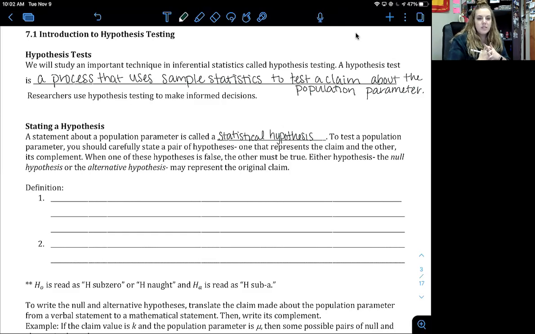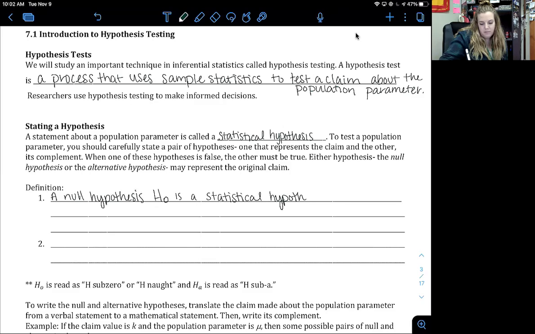So getting a definition of both of these hypotheses, the first one is a null hypothesis, which we abbreviate as capital H with a subscript of 0, is a statistical hypothesis that contains a statement of equality.